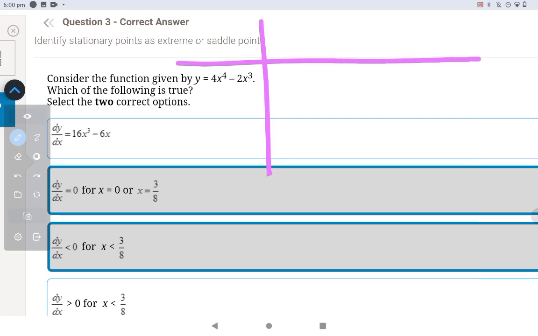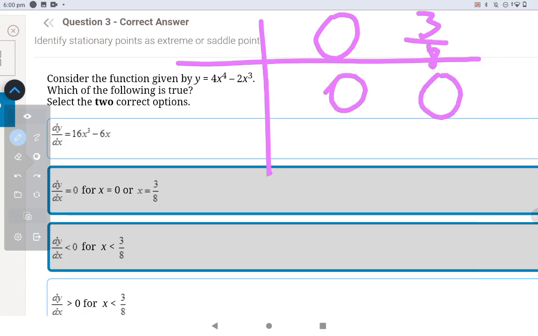We have 0 here and 3 over 8. Now to substitute, we need to find values in each region. A value before 0 could be negative 1. We're going to choose negative 1, and substitute negative 1 into the equation.